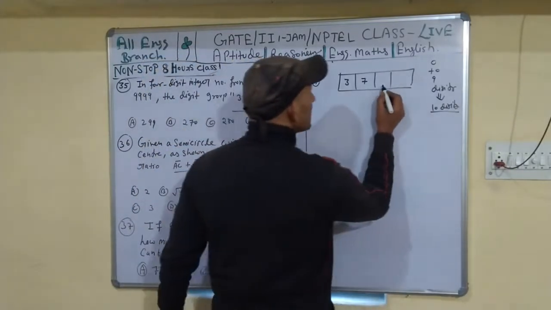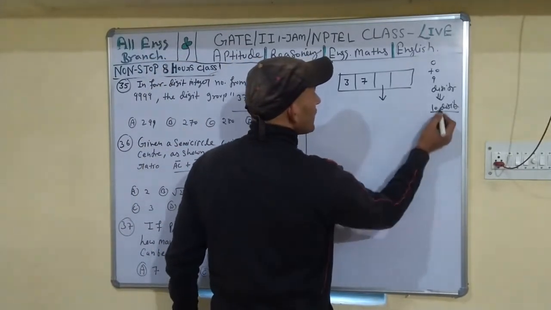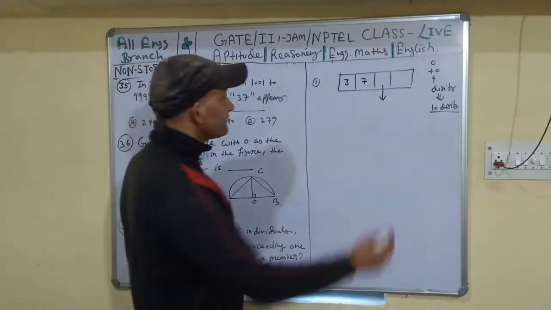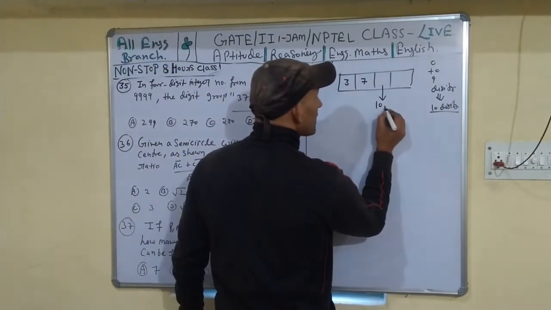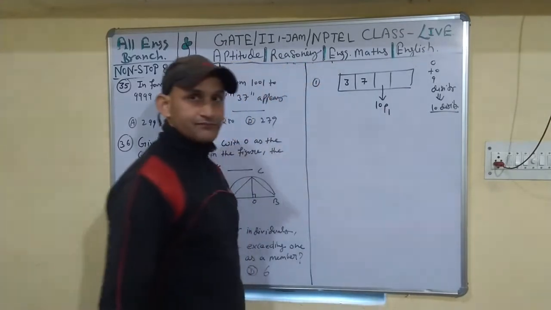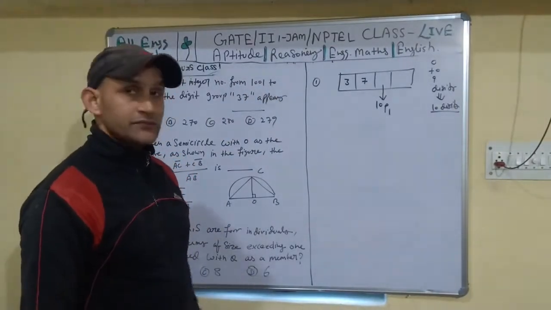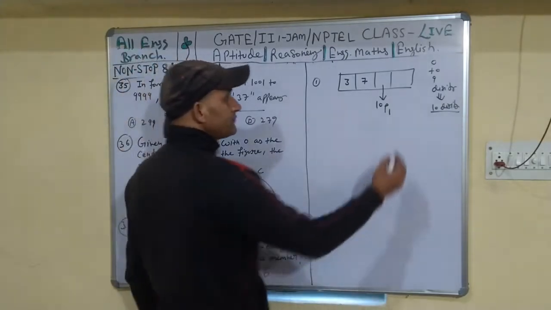Now you can take any value from digit 0 to 9, so there are a total of 10 digits. From 10 digits you can put any one. You must go to the permutation and combination lecture to learn how to solve such problems.